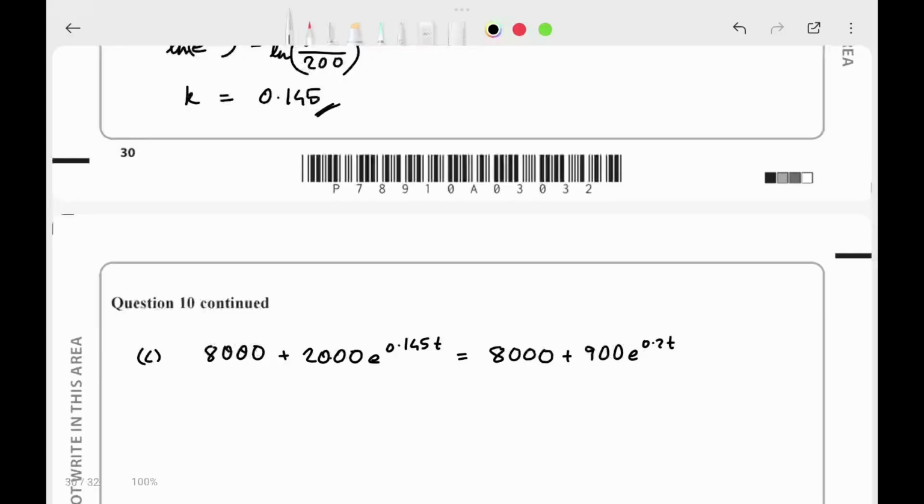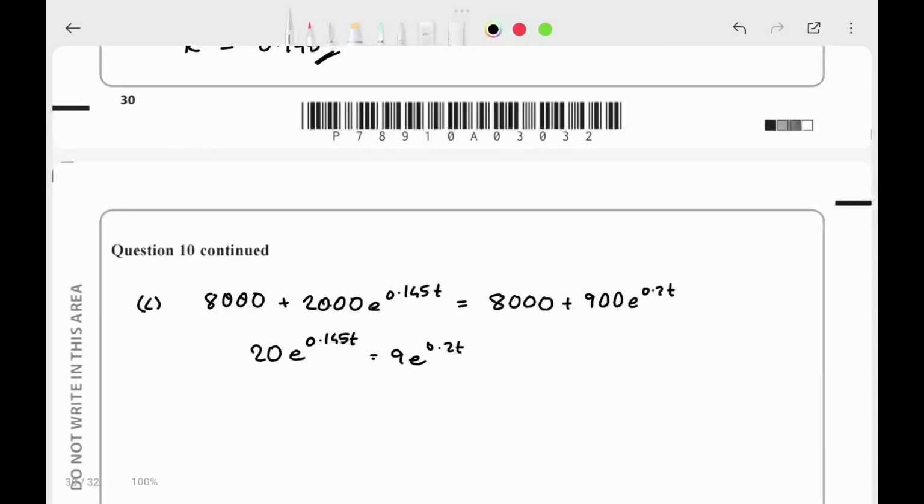Or 20 e to the power 0.145t is equal to 9 e to the power 0.2t. Or 20 by 9 is equal to e to the power 0.055t.